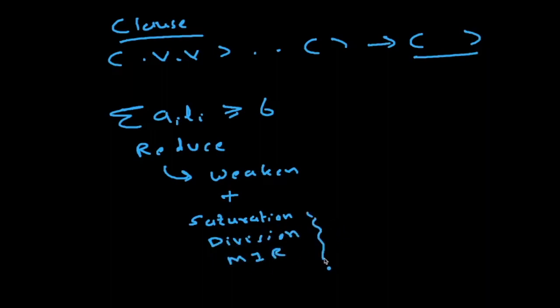Any of these three operations helps me make sure that the resolved constraint is also violated. So this is what is done in pseudo Boolean binary integer programs.